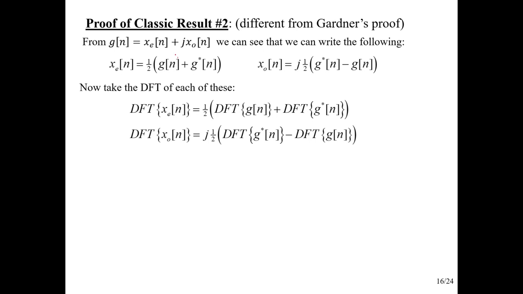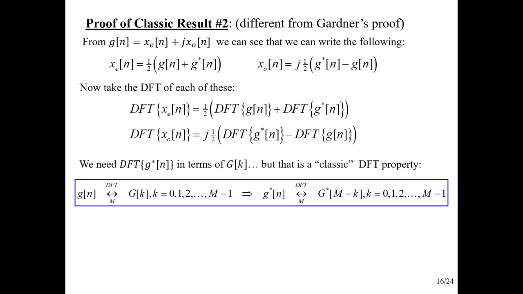So the DFT of G of N and the DFT of G star of N. And then I've got the J 1/2 out in front, DFT of G star, DFT of G of N. Okay, so, well, I know what these are. Those are the things that I'm going to say I compute, right? The whole point is take G of N, compute big G of K. I've got that. So I've got that and I've got that.